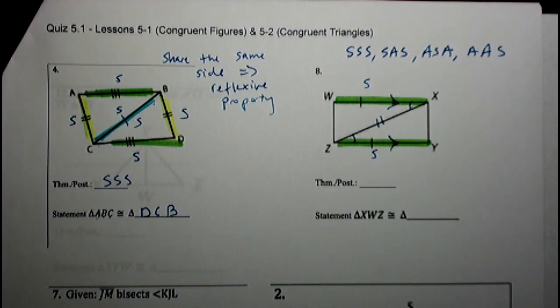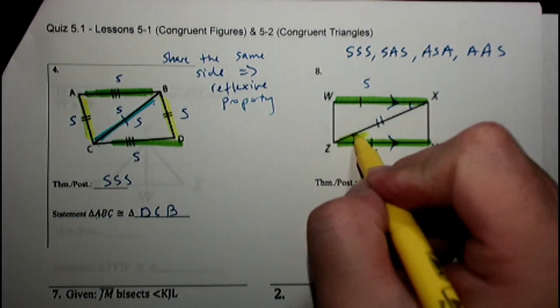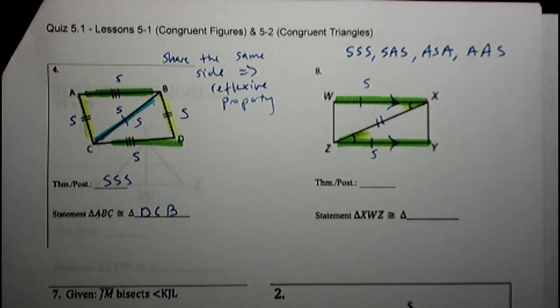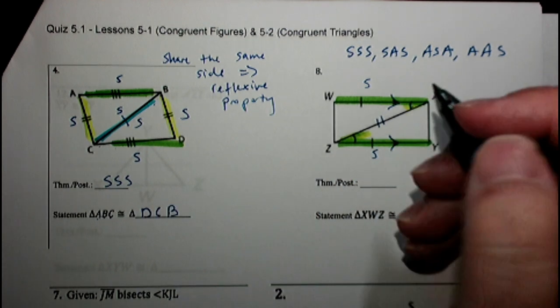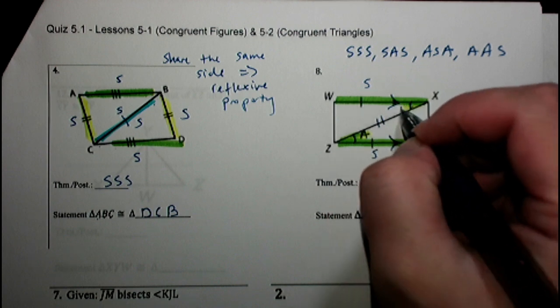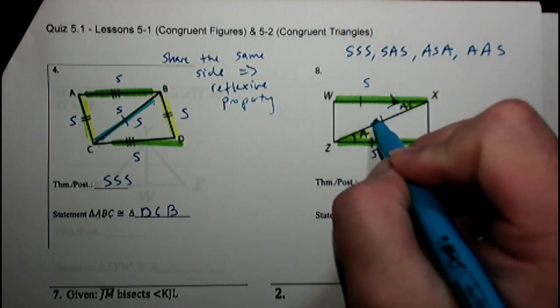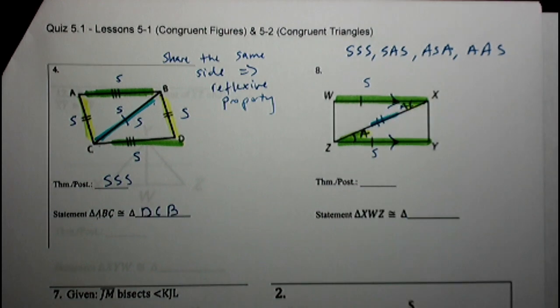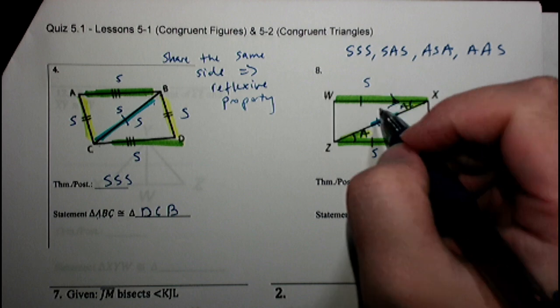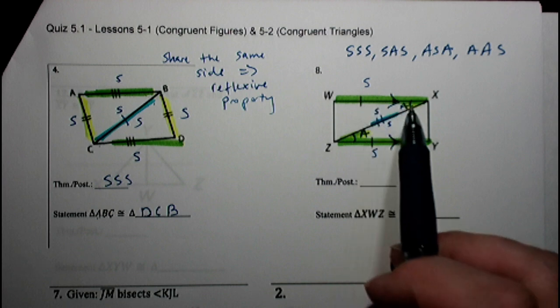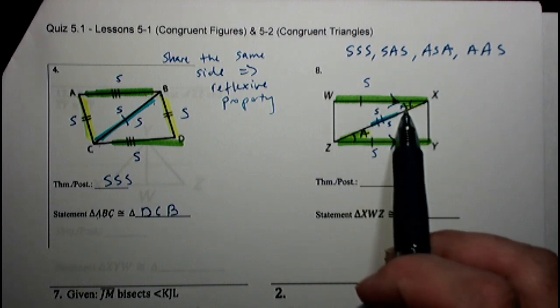We know that this angle here is congruent to that angle. So we're going to give them a little A here and a little A there. And then lastly, we have that reflexive property, so we're going to give this an S and that an S. So I'm going to go green, that's yellow by the way, I know it's hard to tell.